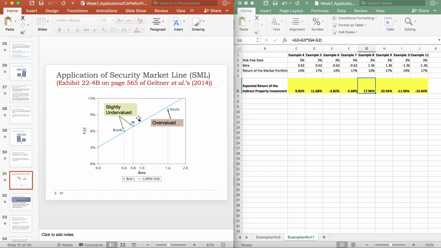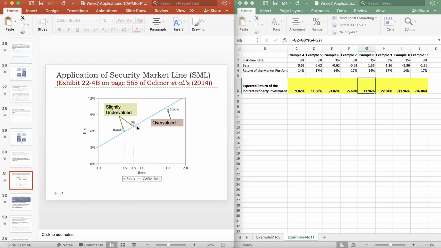Any investments that have an estimated return above the security market line are undervalued in the market. The reason is that the estimated return for these investments above the security market line is higher than the fair return based on the capital asset pricing model.